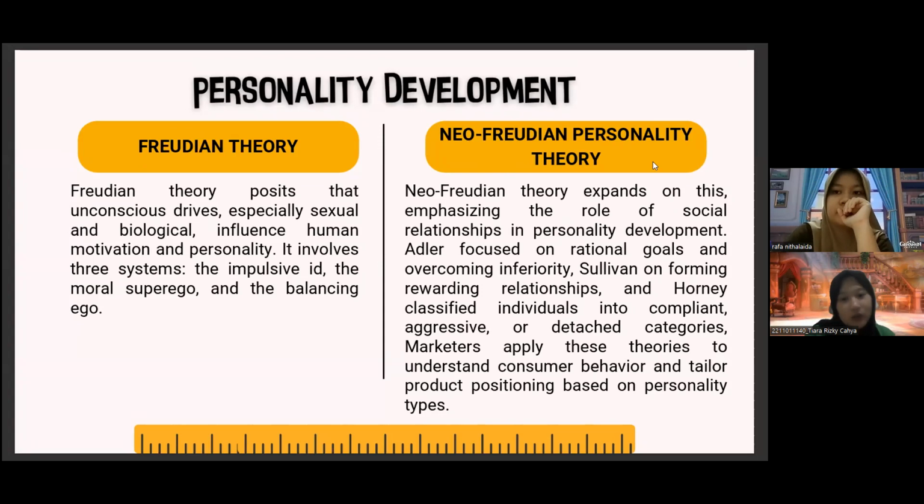Neo-Freudian theory expands on this, emphasizing the role of social relationships in personality development. Adler focused on rational goals and overcoming inferiority, Sullivan on forming rewarding relationships, and Horney classified individuals into compliant, aggressive, and detached categories. Marketers apply these theories to understand consumer behavior and tailor product positioning based on personality types.